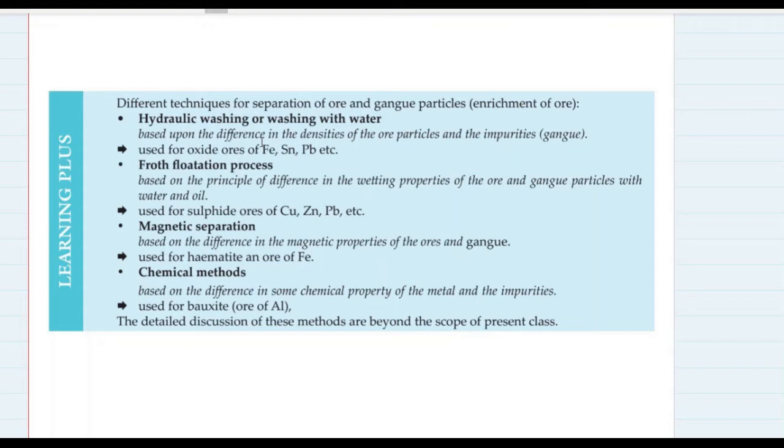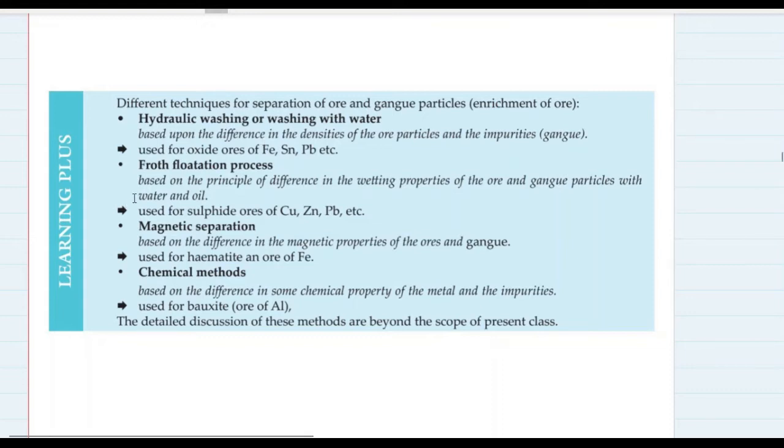In hydraulic washing, the lighter particles are washed away. The heavier particles remain behind, and you get your metallic particles enriched.